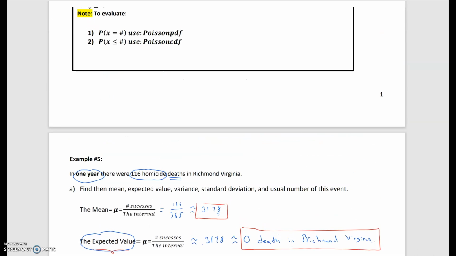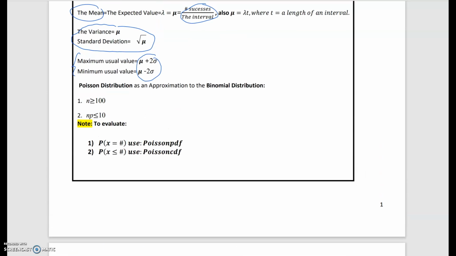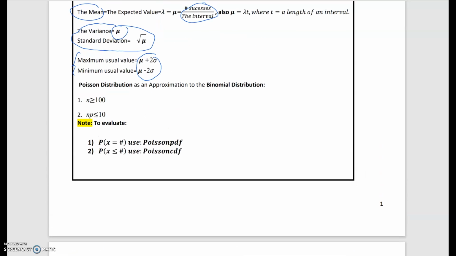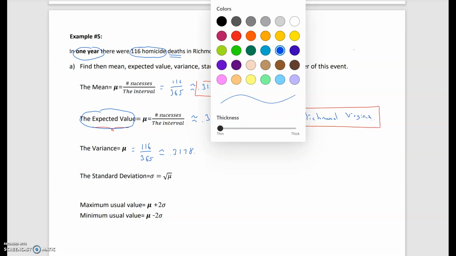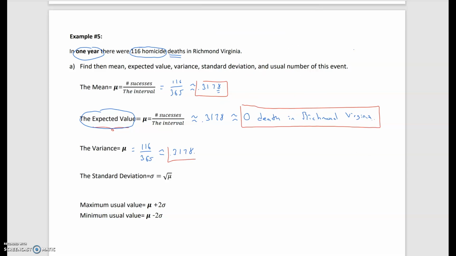Okay, and for the formula for the variance, you're just using the value of mu. Some of the software problems may want you to use the exact value, in this case 116 divided by 365, which is approximately 0.3178. On my end, decimals are fine.